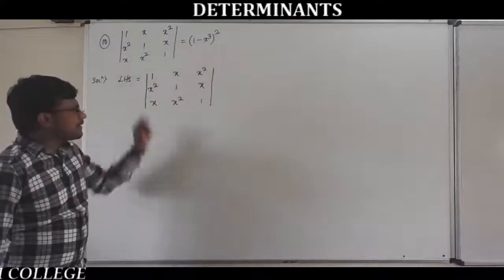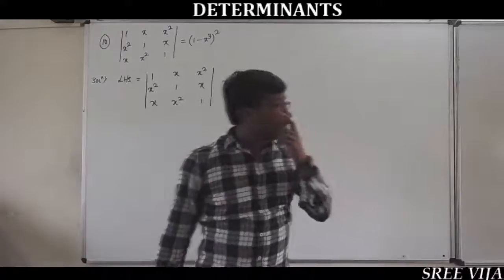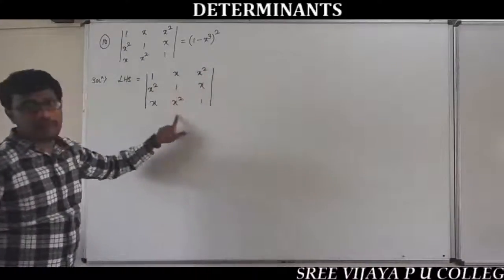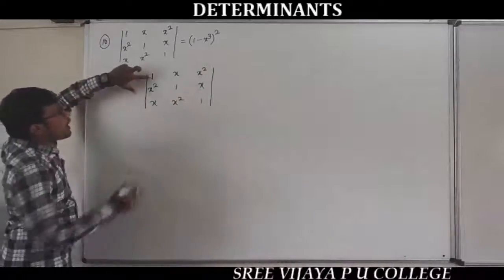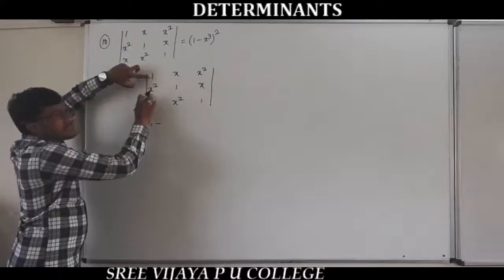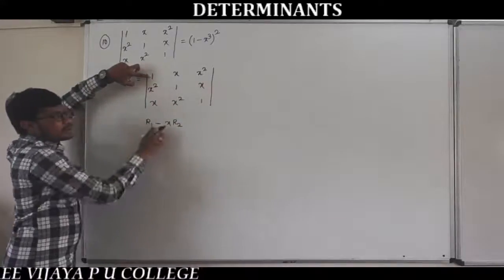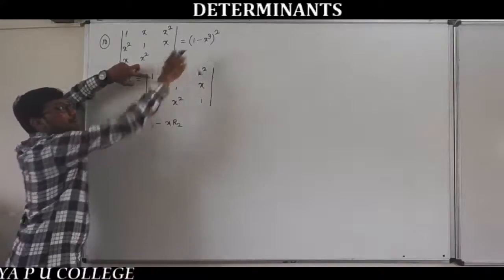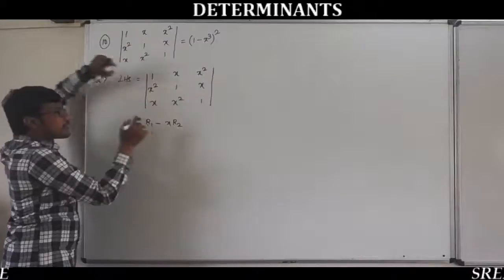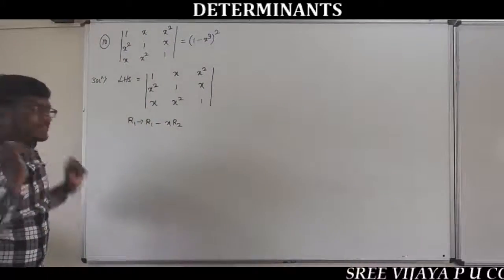Now see here, there are no common elements in R1, R2, R3. So according to what is needed on the right hand side, you can apply the elementary operation. R1 is 1 minus, you can subtract this element; for this element we can multiply by x. Now x into x square becomes x cube, so we will get 1 minus x cube. For that I am applying the elementary operation R1 changes to R1 minus x R2.